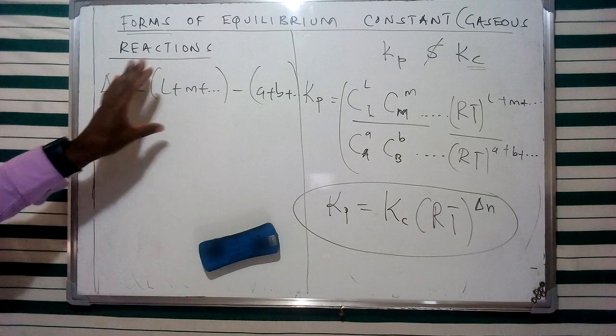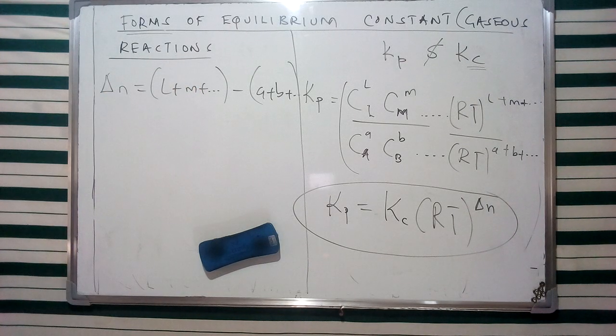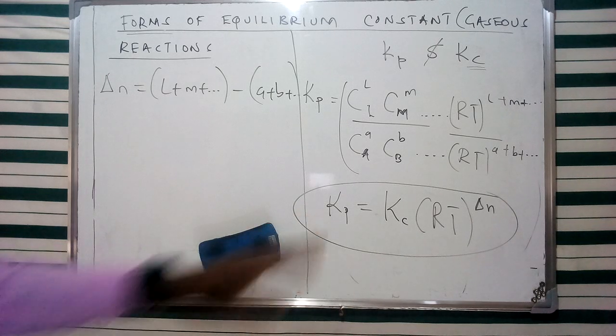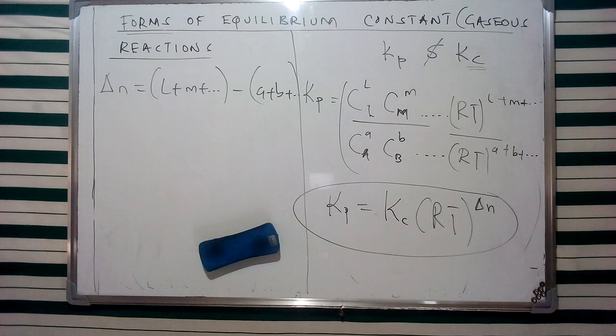I hope we have understood how to represent various forms of equilibrium constant, especially for an ideal gas, using those symbols and the elaboration on concentration and molar coefficients.